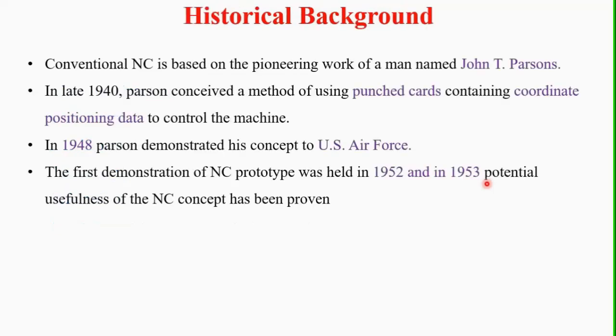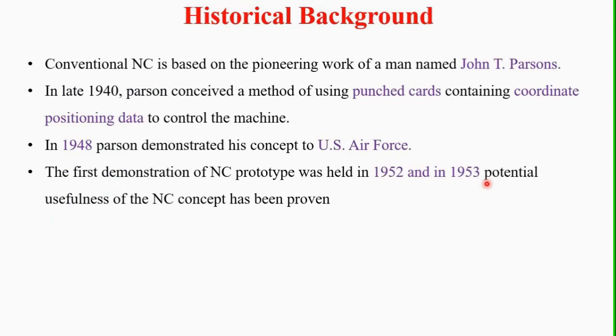Now we will see the historical background of NC. Conventional NC is based on the pioneering work of a man named John T. Parsons. In the late 1940s, he conceived a method of using punched cards containing coordinate positioning data to control the machine.